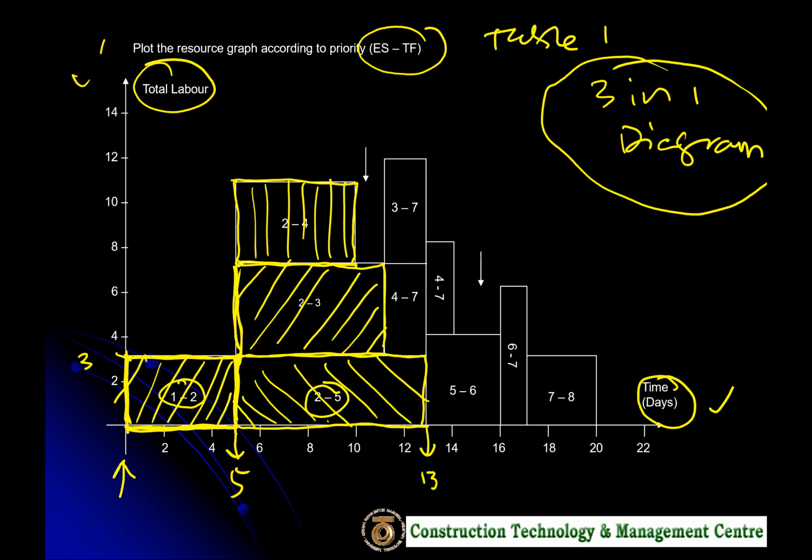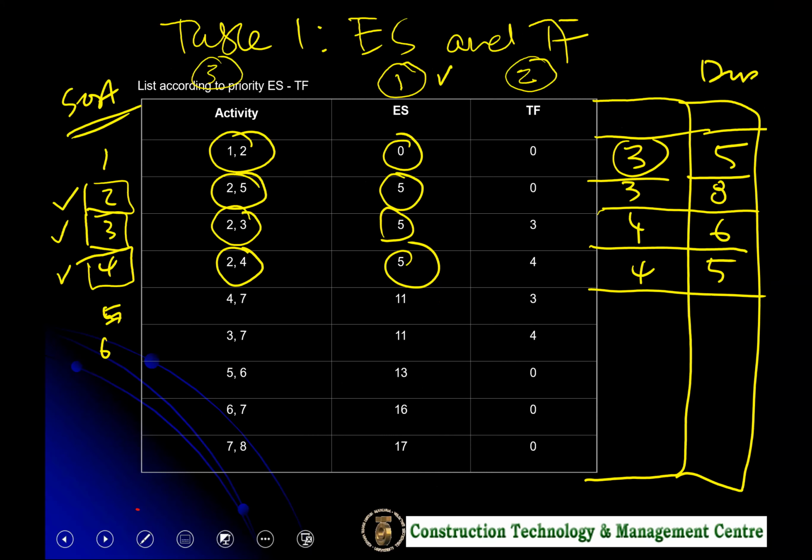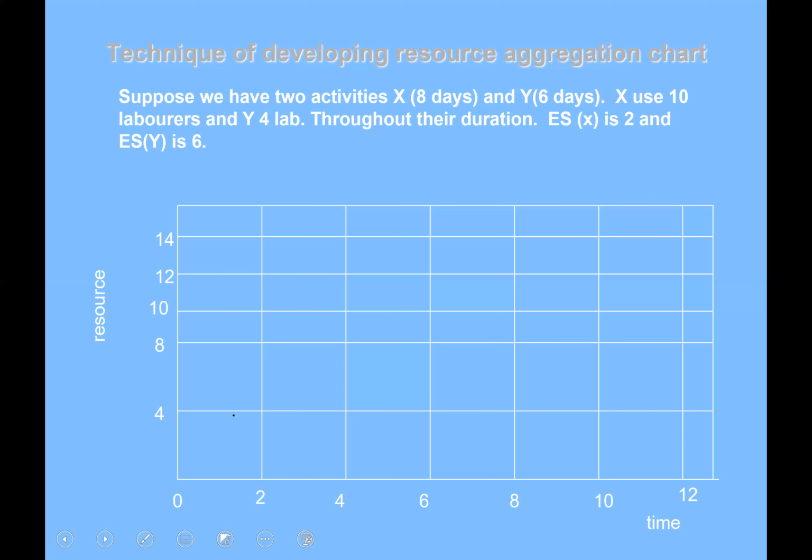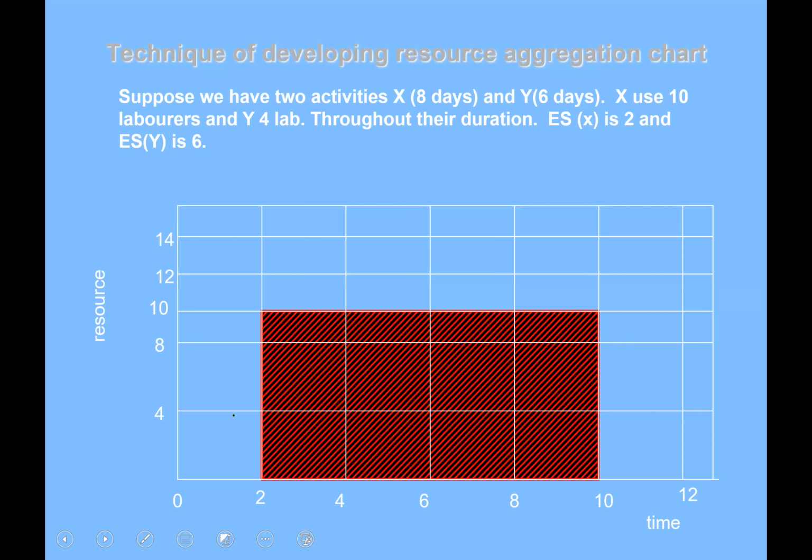You notice the activity here, it is like a split diagram. Why is it split? If you go through this listing one by one until the end, then you would be able to get a diagram similar to this one. In the case of a split, this is an example. Let's say the red one, we have one activity running from day number 2 until day number 8.